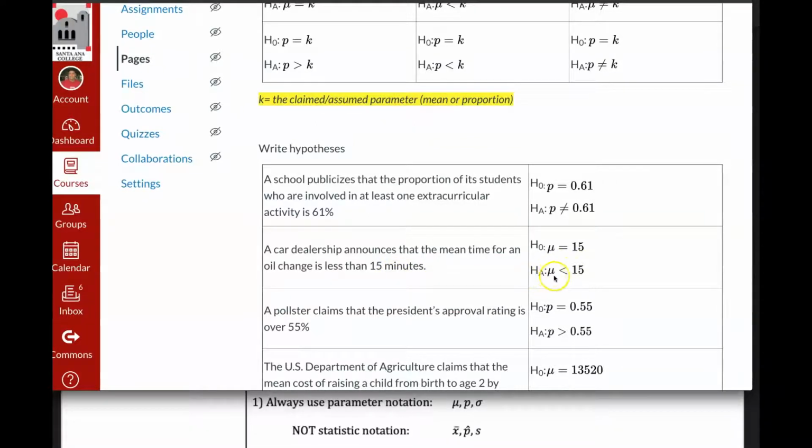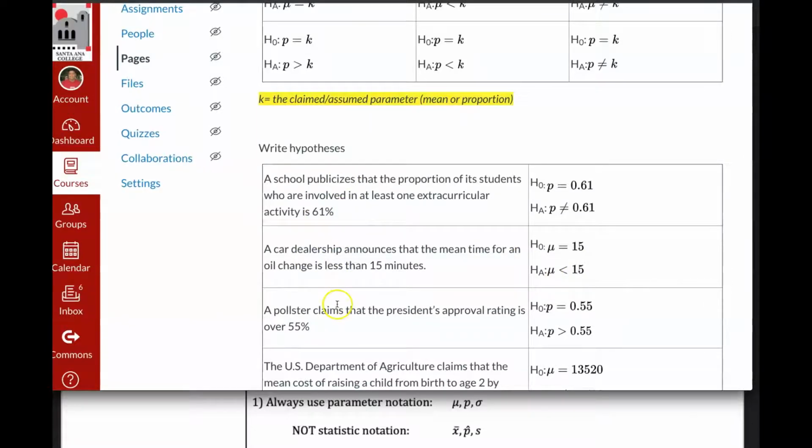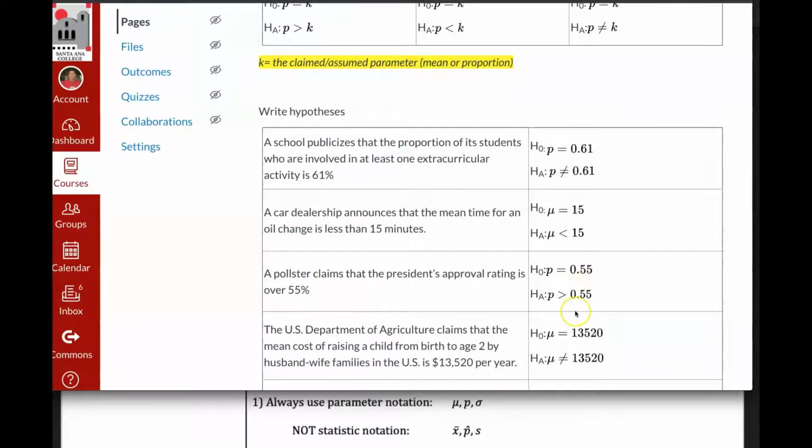And so we have the mean is less than 15, the null hypothesis. Null means no effect, nothing, no change, right? And so the null hypothesis always contains an equals, and then the inequality symbol would be in the alternative, regardless of what the claims are. This is how we write them.